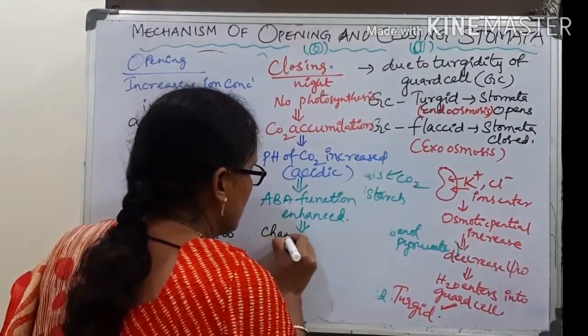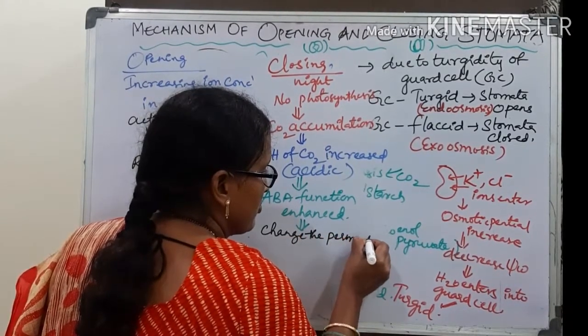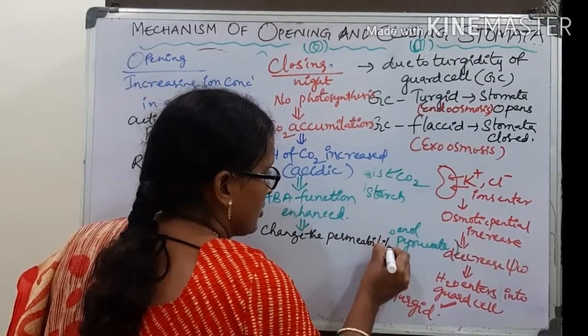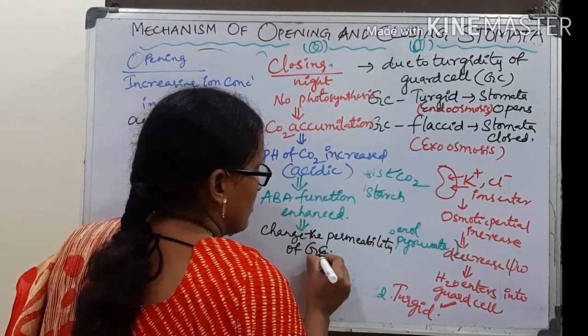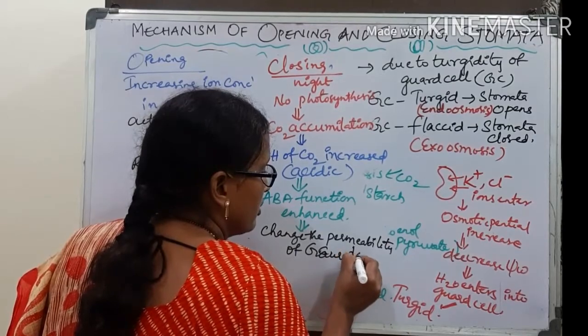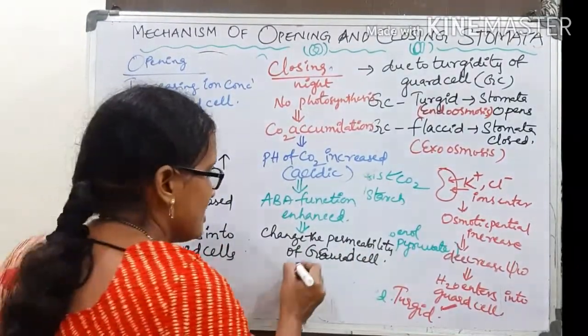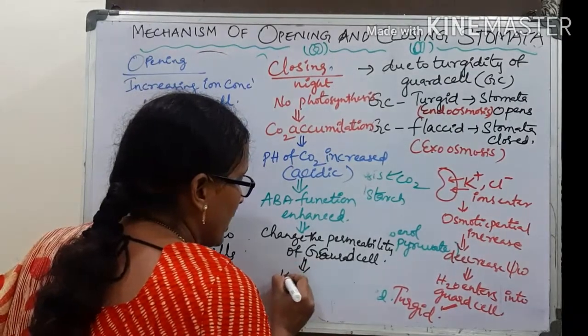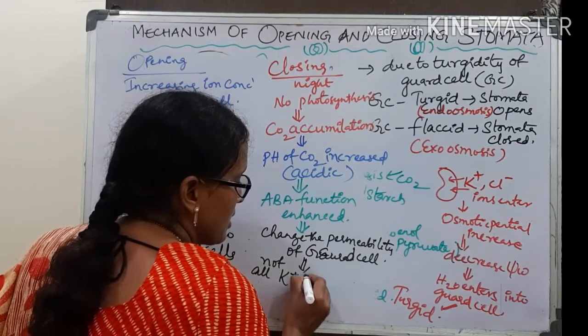It changes the permeability of the guard cell. When permeability of the guard cells is changed, they do not allow K plus ions.